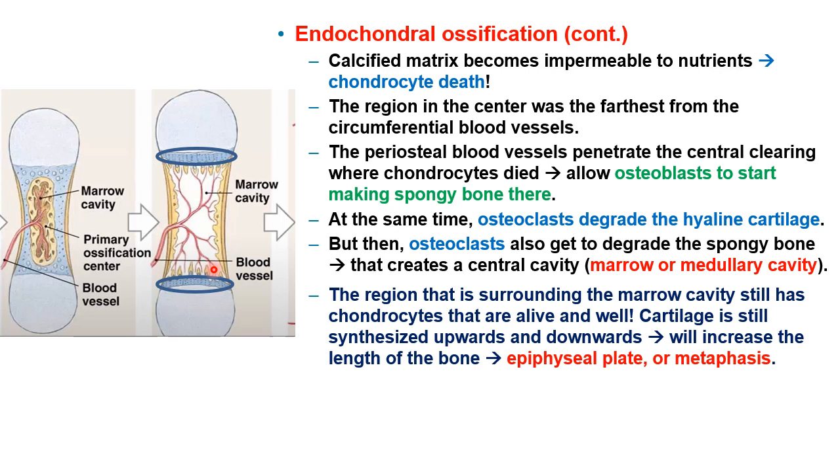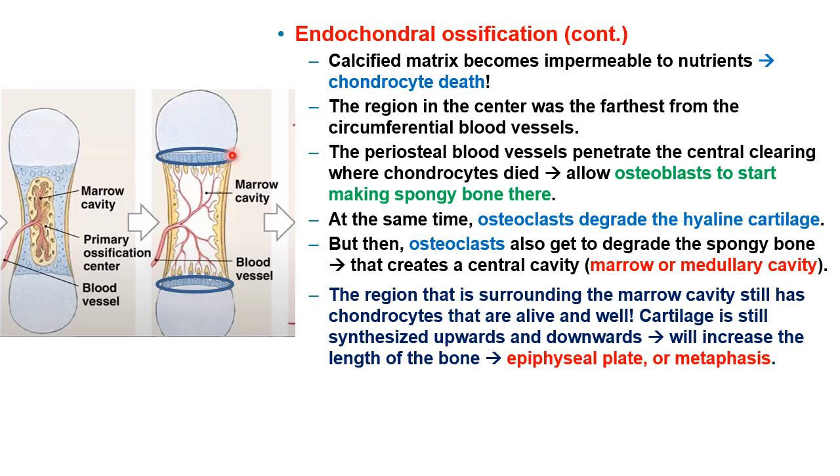Okay? So this metaphysis is where you have hyaline cartilage in growing bones, and in the hyaline cartilage you are going to have chondrocytes that are capable of cell division. That means the bones can grow. Thank goodness. We are not the same size, the same height now as we were when we were just born.